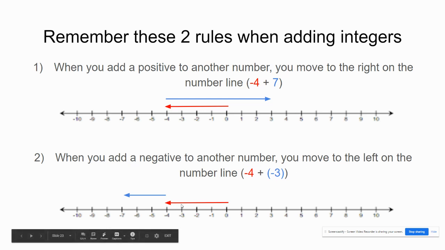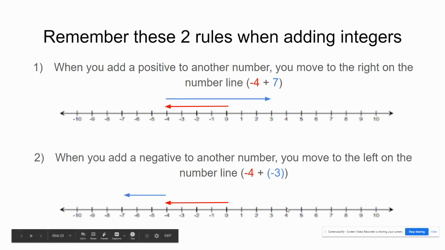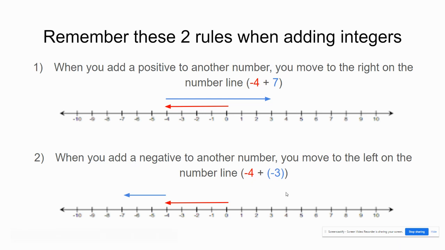Again, no matter what the first number is, I go from 0 to that first number. And then I'm going to add a negative number. I'm going to go to the left. If this were positive 4, then I would go positive 4, and then I go plus negative 3 back to the left. You have to remember those 2 rules for us to move on to subtraction.